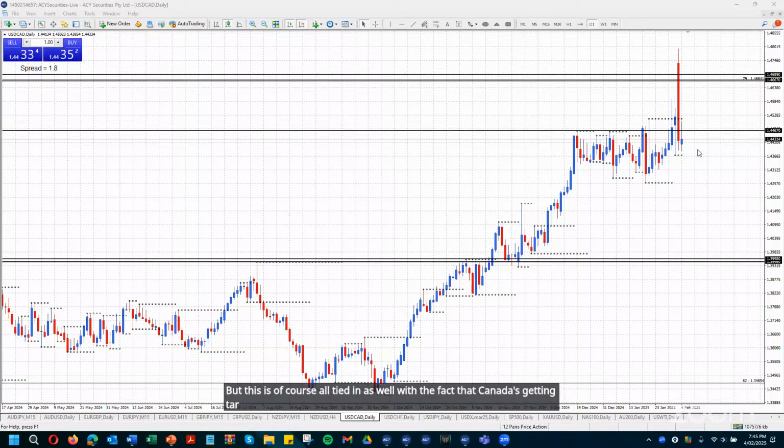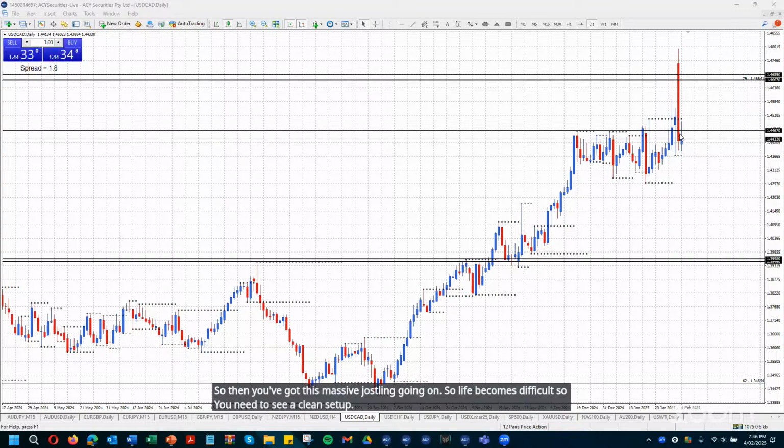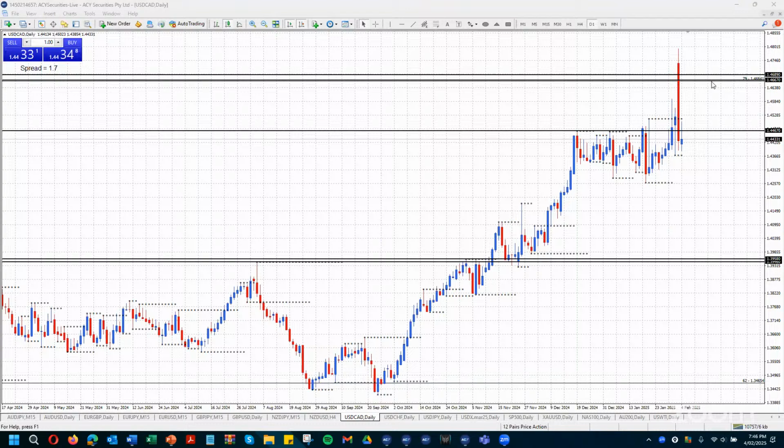They've come out then and said, okay, well, if the US is going to have a tariff, we're going to have a tariff to counteract their tariff. So then you've got this massive jostling going on. So life becomes difficult, so you need to see a clean setup. A retest up here would be the perfect option, or being aggressive yesterday and selling up here.